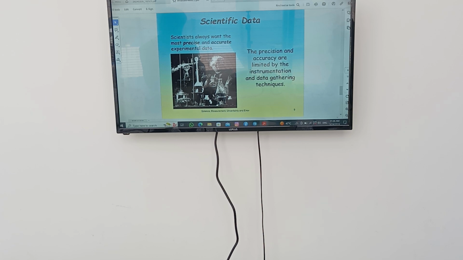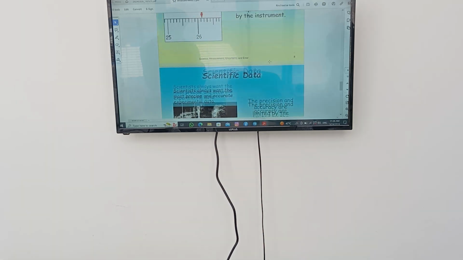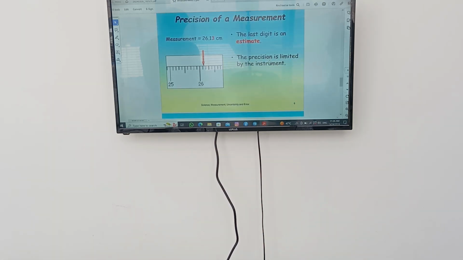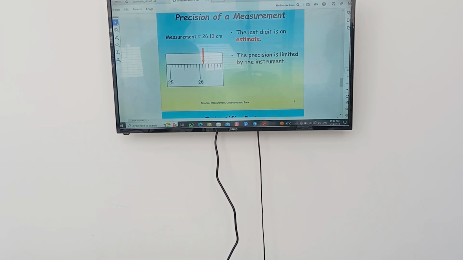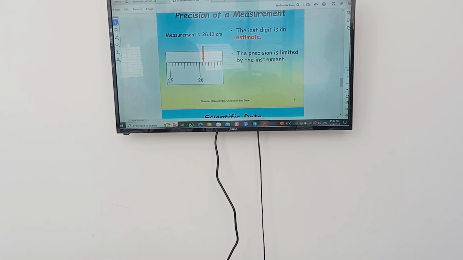Like this ruler, it may not give you the most accurate numbers. It will help you with precision, but you only have this ruler, so you are limited by the instrument. You don't have any further instrument to show you an accurate result. This is what you have, so we are limited by it.